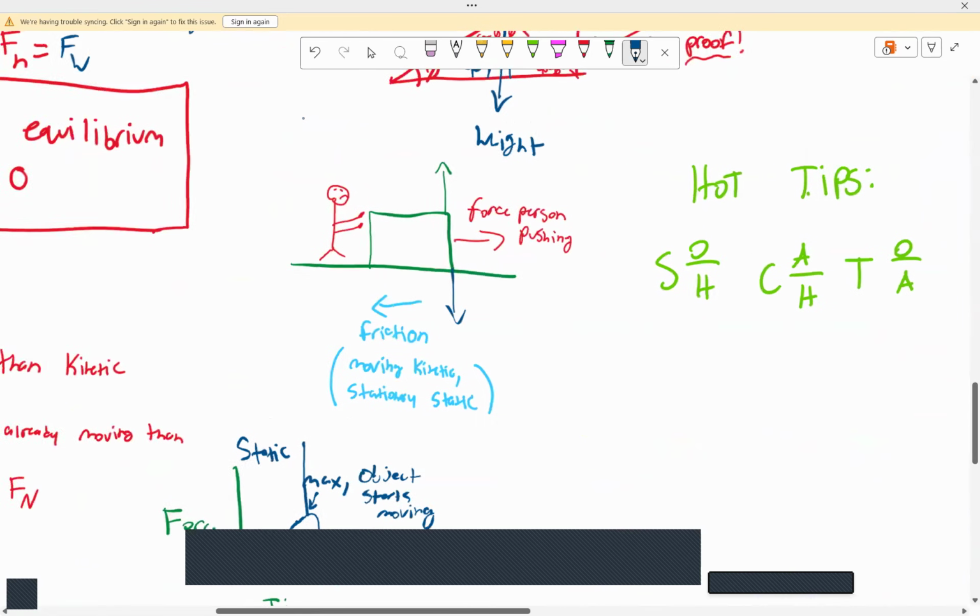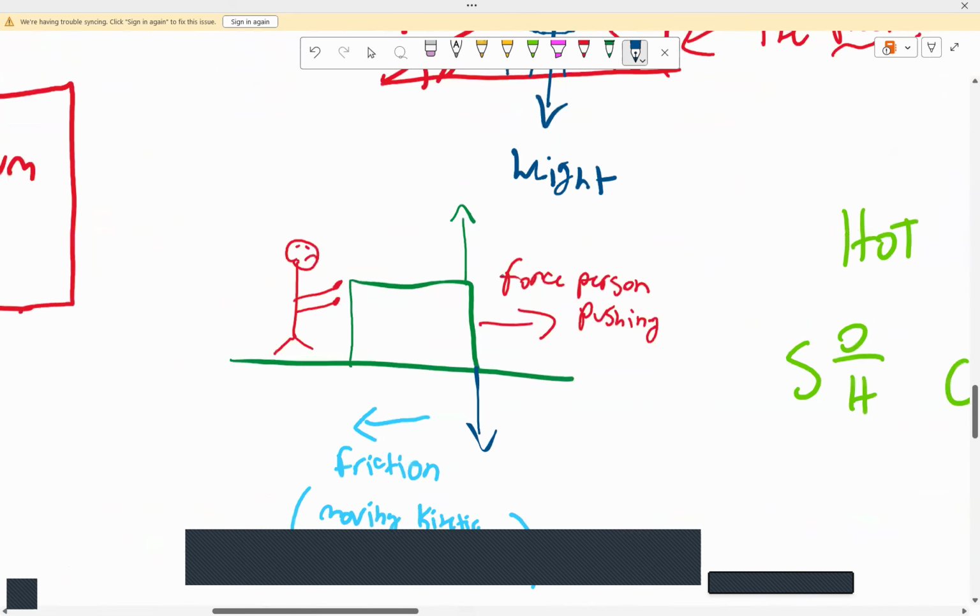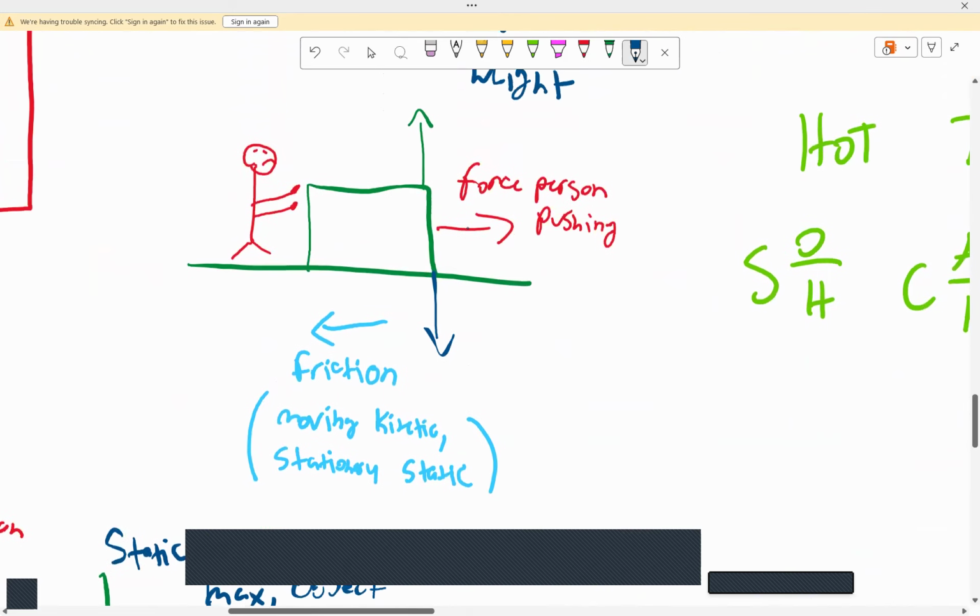And then friction, also more or less, again, like if you have it on a flat surface, it's reiterating. So if you have this person pushing this heavy object, you have the force of the person pushing, which will go to the right. And then you have your normal force, which is in green, pointing upwards, whereas your weight is pointing downwards. And imagine if this is a stationary object, then the friction is equivalent to the force of the person pushing.